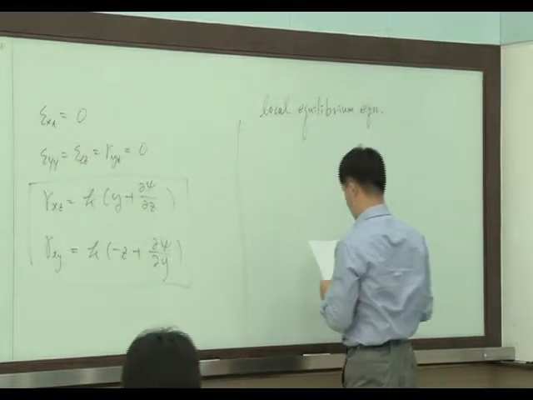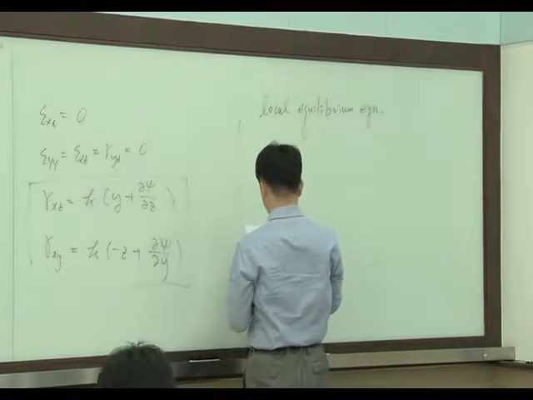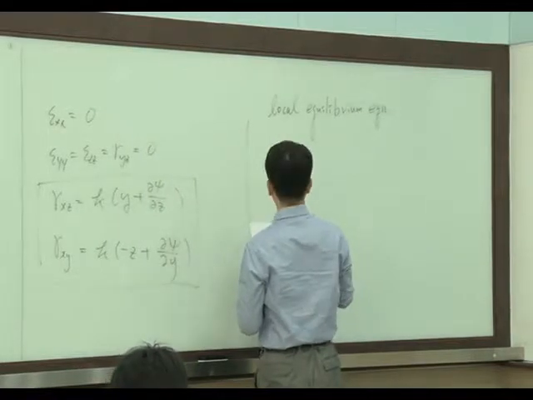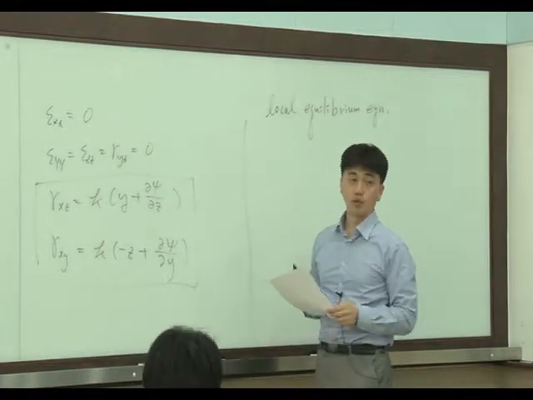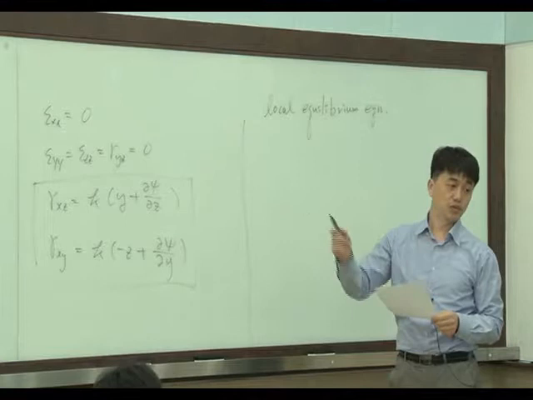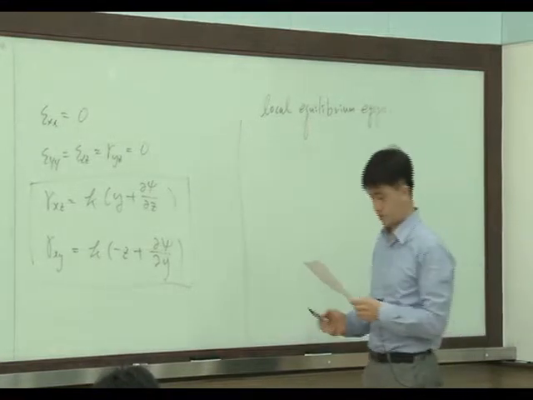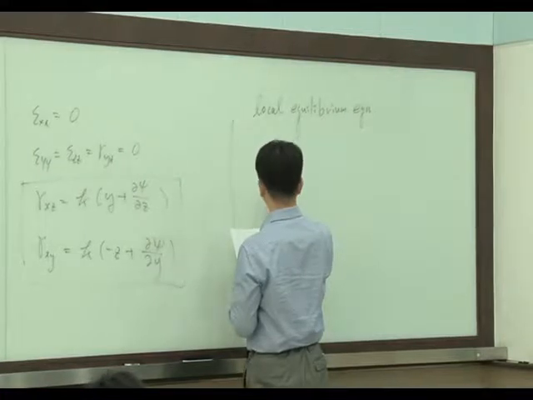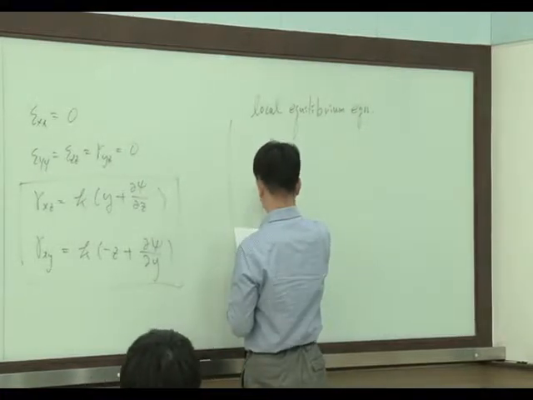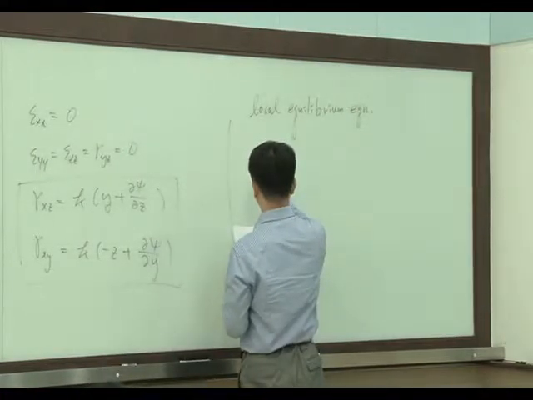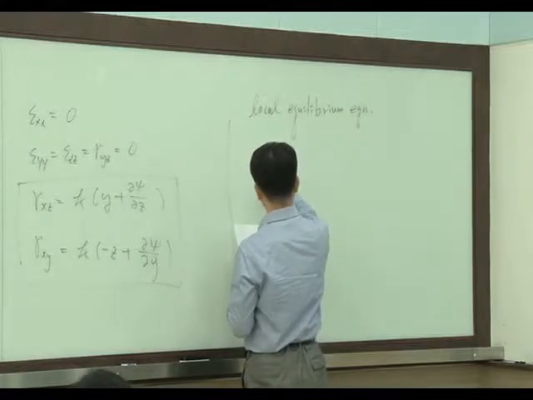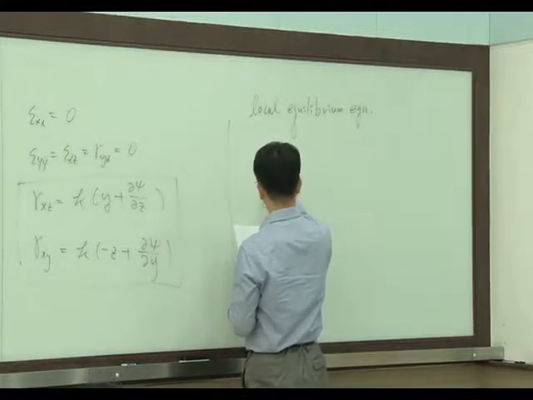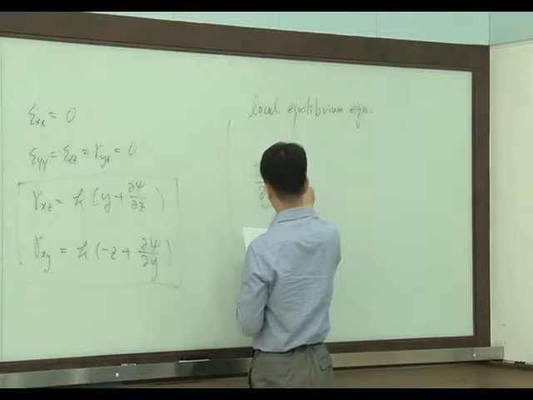Local equilibrium equation. So with only those two stress components, we need to consider only one local equilibrium equation. So actually we have three local equilibrium equations, right?